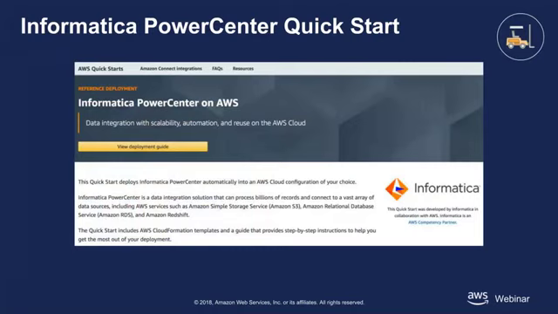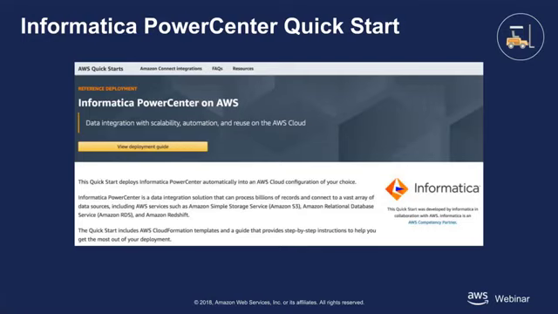Quick starts are built by AWS solutions architects and partners to help you deploy popular solutions on AWS based on AWS best practices for security and high availability. These reference deployments implement key technologies automatically in the AWS cloud, often with a single click, and they can do this typically within an hour.